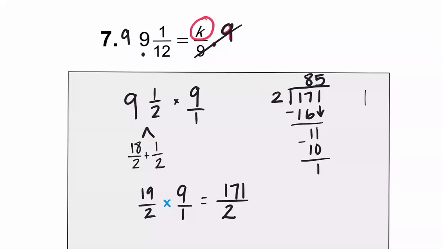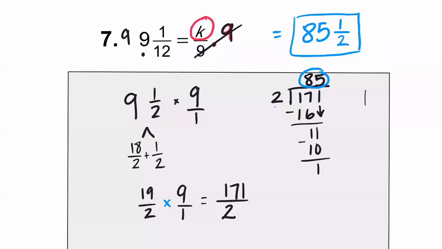Okay, so what we will do is we will take our quotient, that's our whole number. Then we're going to take the remainder, that's our numerator. And then our divisor right here is our denominator. So we have 85 and a half. So K equals 85.5.